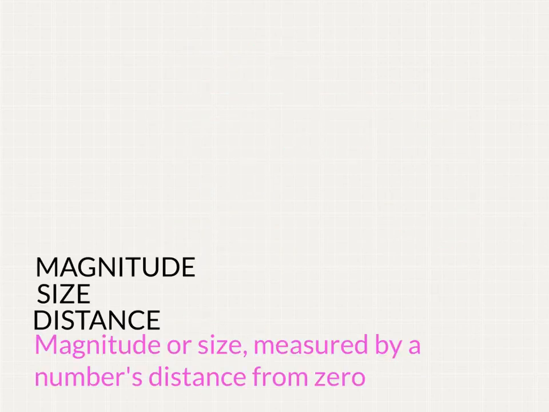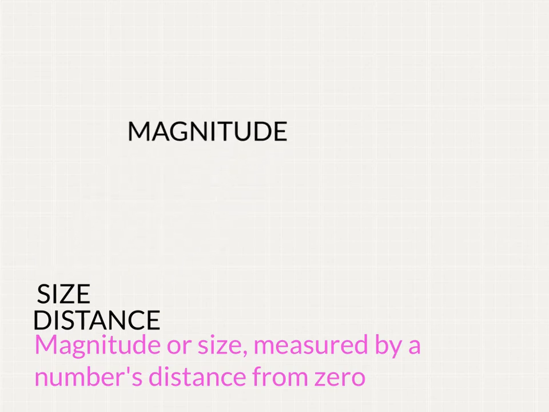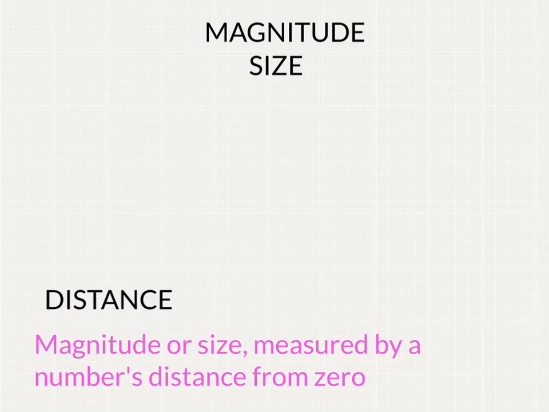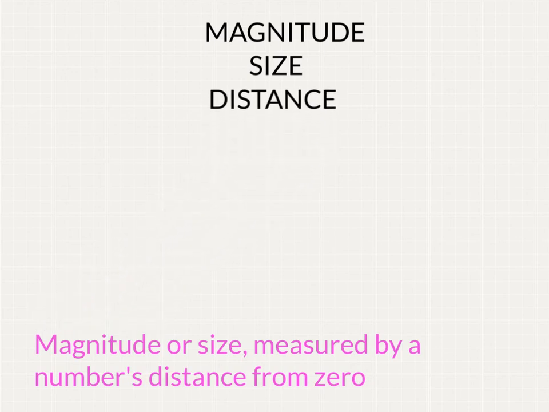Let's recap today's lesson. We've learned that absolute value is a request for the magnitude of a number, and that magnitude is simply a fancy word for size. And that to learn the size of a number, we measure its distance from 0.